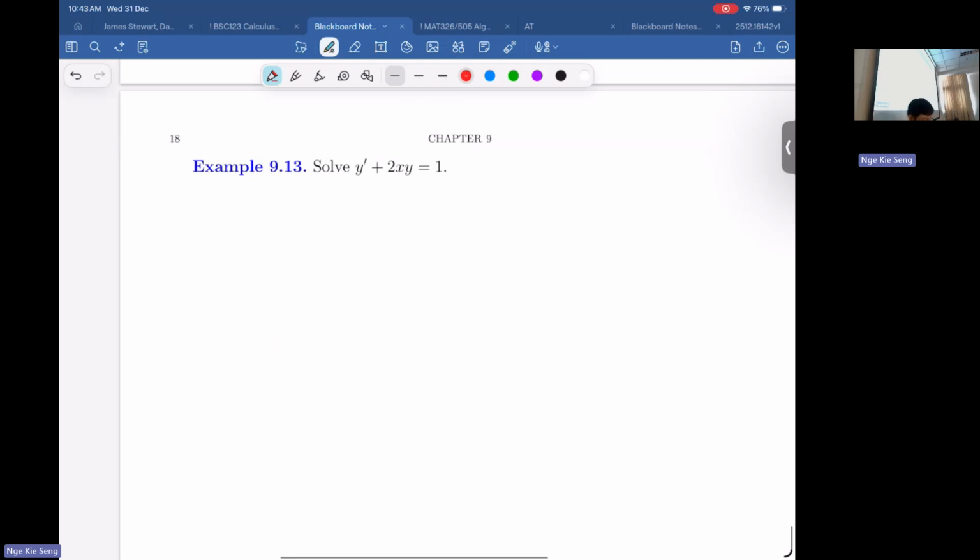I'll give you some time to try it out first. Set your P(x), set your Q(x), and then try to find I(x), and then try to find y.